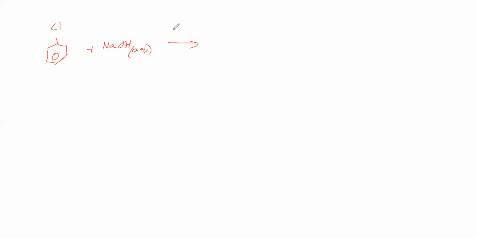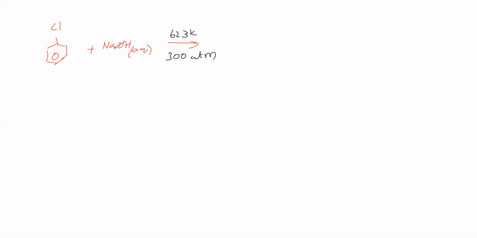So we will do one thing. We will keep high temperature and provide high pressure. We have taken chlorobenzene and added aqueous sodium hydroxide, and we are providing high temperature and high pressure, 300 atmospheres, a huge pressure. So what happens?